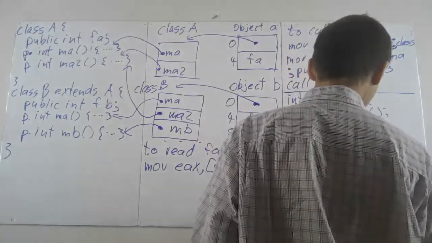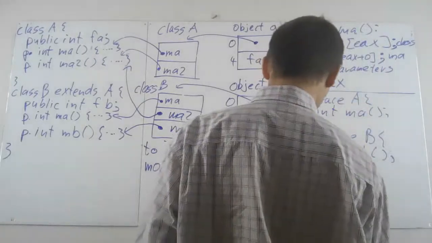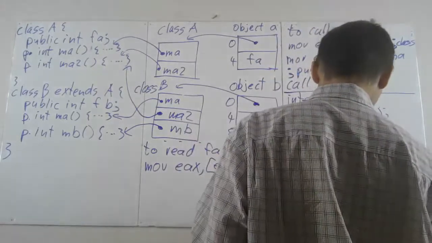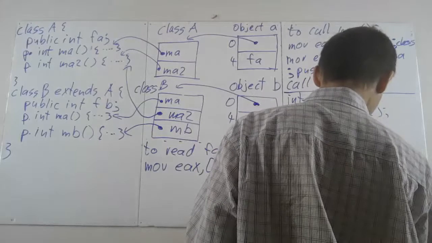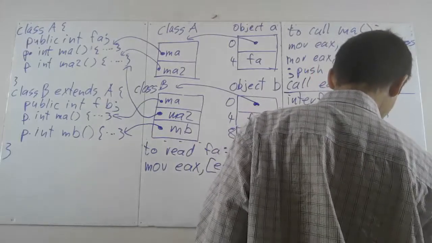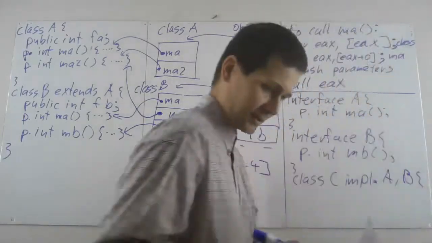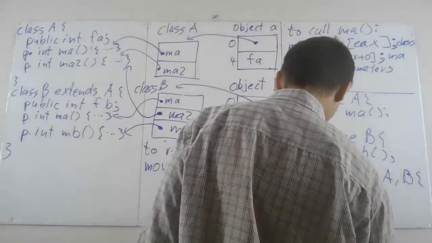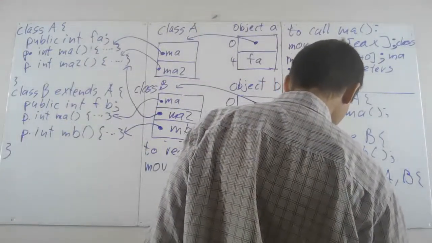Then I have a class C, and class C implements A and B. So it needs to have implementations of both methods.